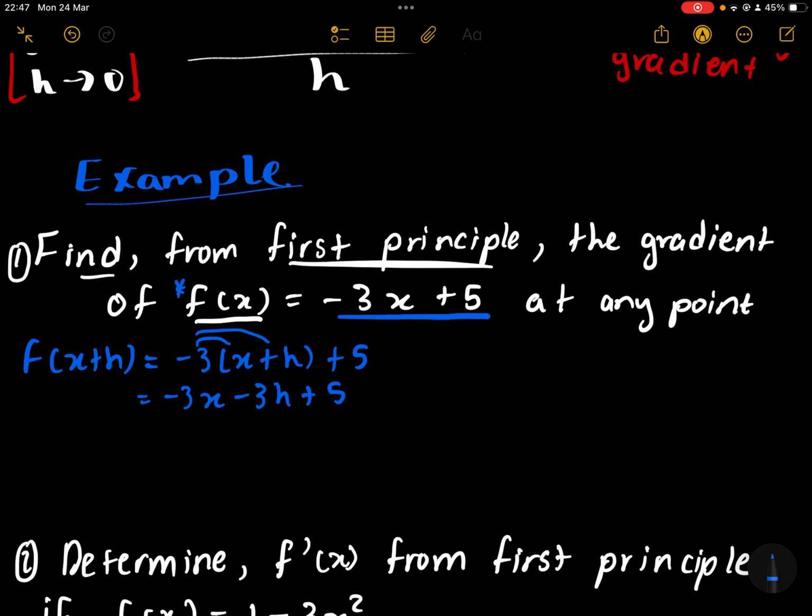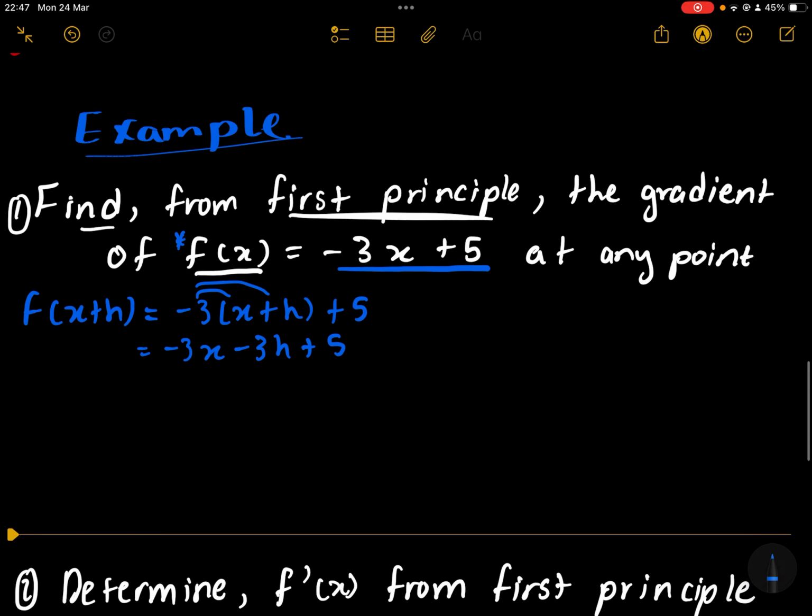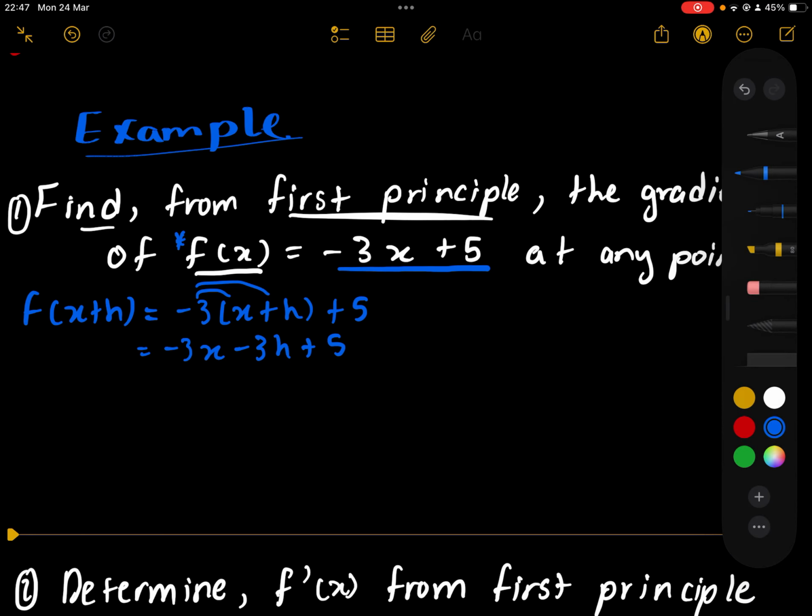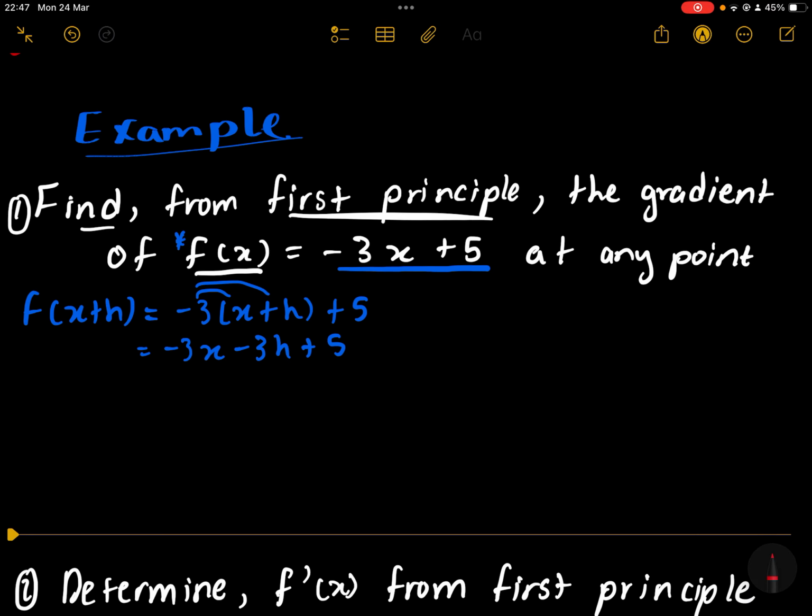So if you go to the formula that you are using for the first principle, what are you going to say? You are going to say f(x plus h) minus f(x) all over h. Don't forget to write limit h tends to 0.